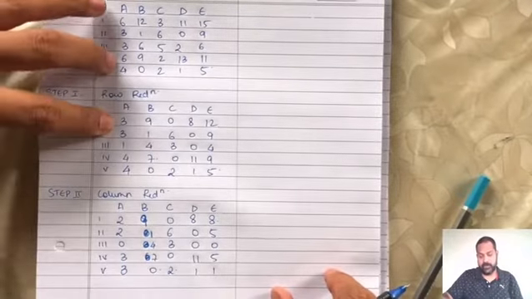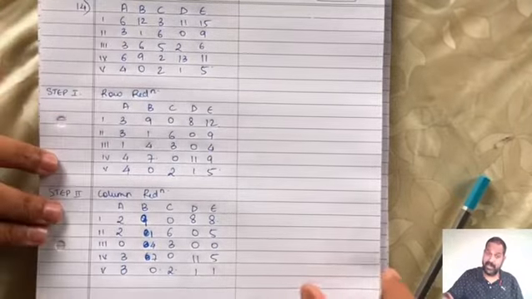Step 1, row reduction. Step 2, column reduction. Step 3, assignment.